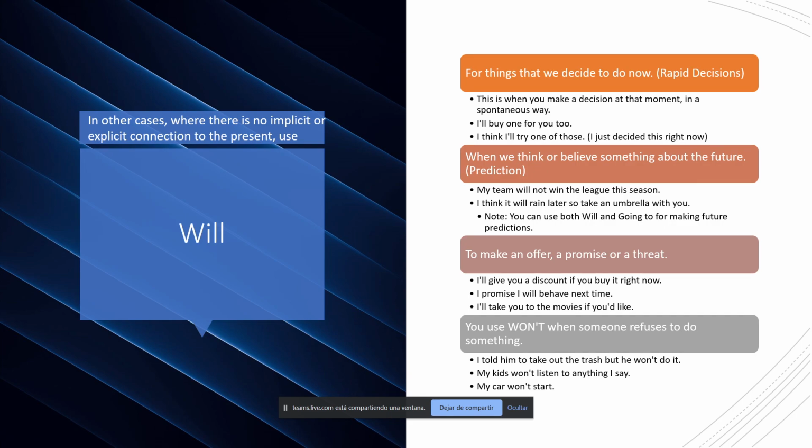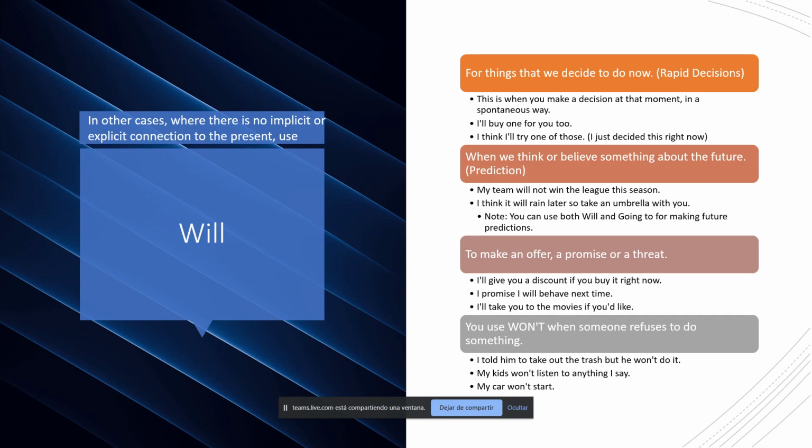The other use is "won't." When someone refuses to do something, for example, "I told him to take out the trash, but he won't do it." Another example: "My kids won't listen to anything I say," or "My car won't start."